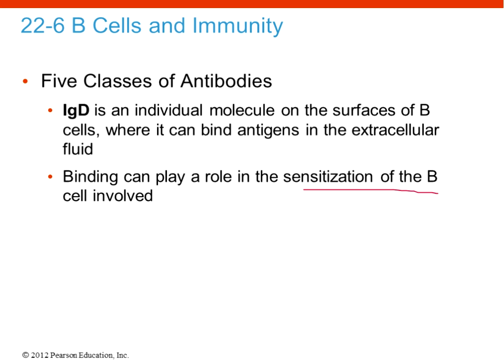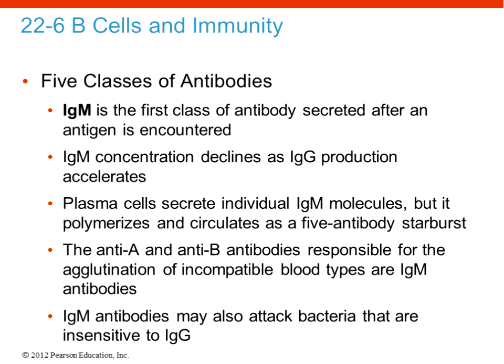Another class is IgD, which can help with sensitization of the B cell and binds to antigens in extracellular fluid. IgM is another important antibody because it's typically the first antibody secreted after an antigen is encountered. So this is one we see initially, right?